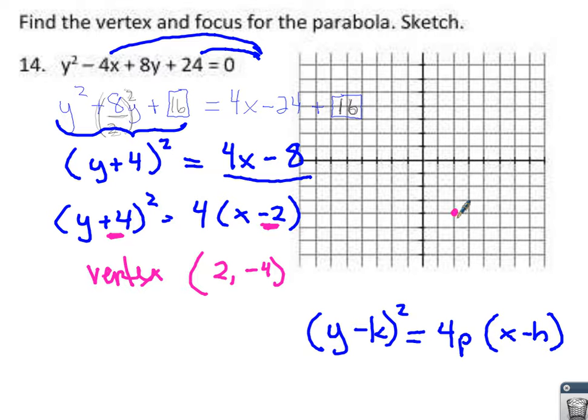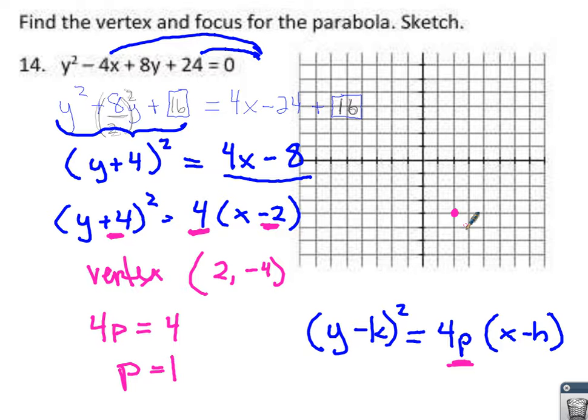I put my vertex. Now to find p, and p is the distance from your vertex to your focus. So we take 4p from your equation and set it equal to the number in front of your parentheses, which means we have a p value of 1.